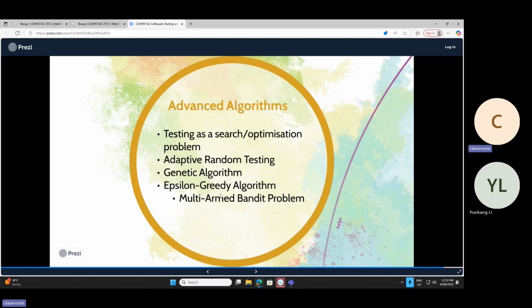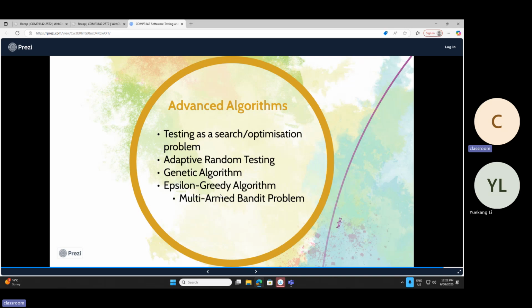For example, if a test case cannot find a bug, then we create a very different test case, right? That's the basic idea of adaptive random testing. If the previous test case is not good enough, then we just create a very, very different test case.